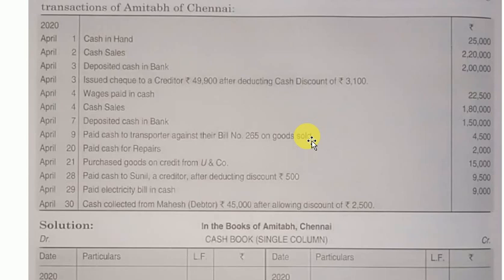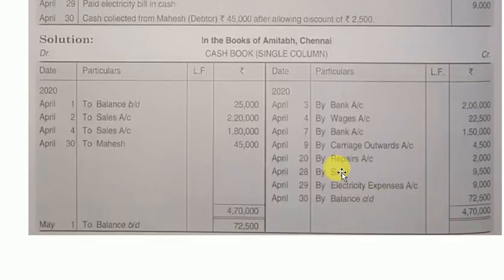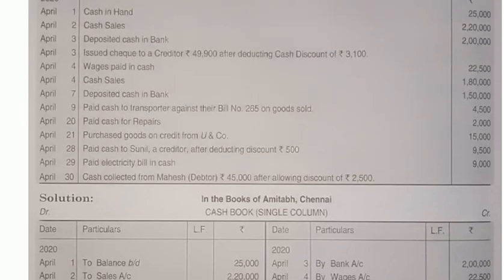So this is a transaction of carriage outward, and this is an outflow of cash. So we'll record this 4,500 on the credit side of the cash book, that is by carriage outward 4,500. Clear?